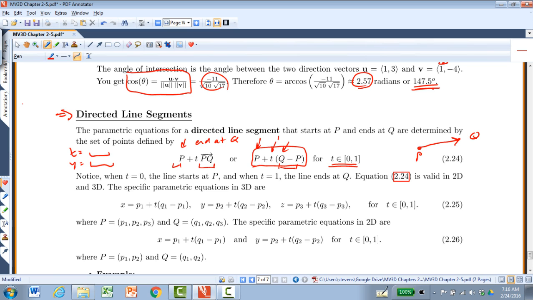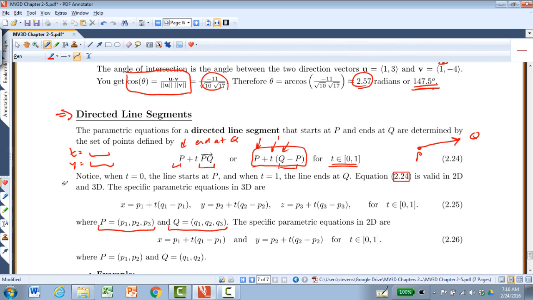So the way we do that is, if that's my point P, little p1, little p2, little p3, and we'll do it in 3D instead of just 2D. 3D is nice because you can use it for other things besides just going from one point to the other. If you have an RGB color mapping, you can go from one color to another in 3-space.